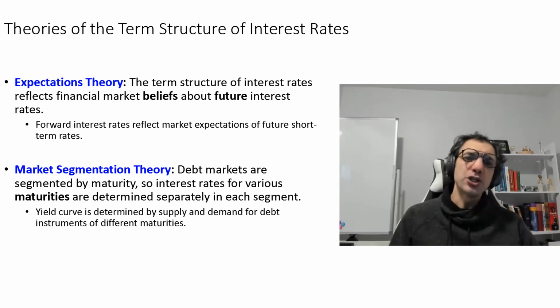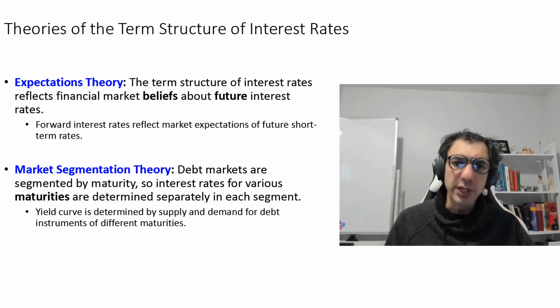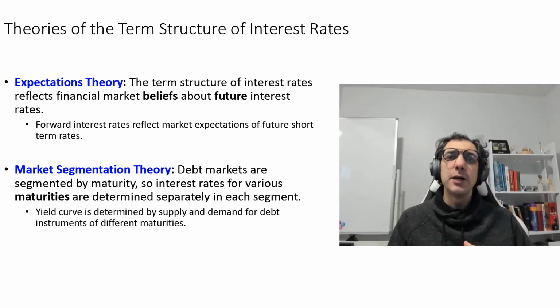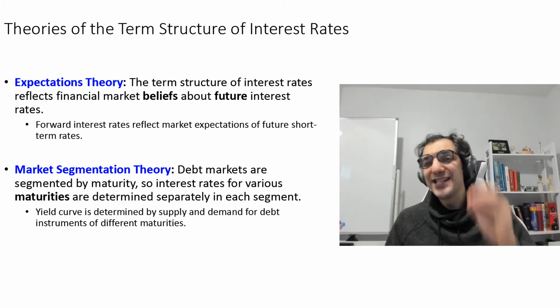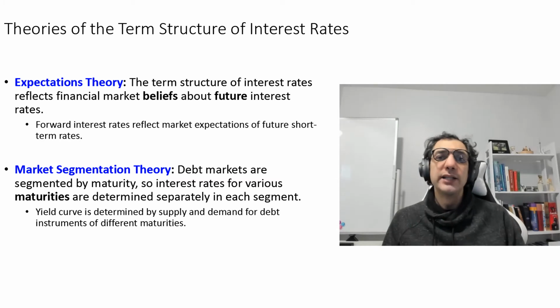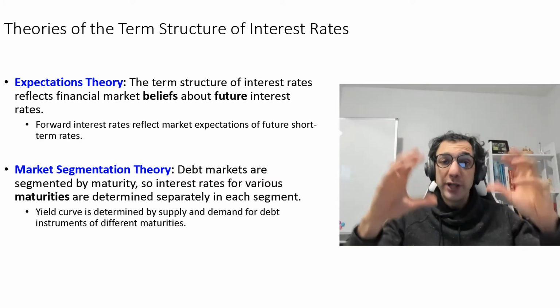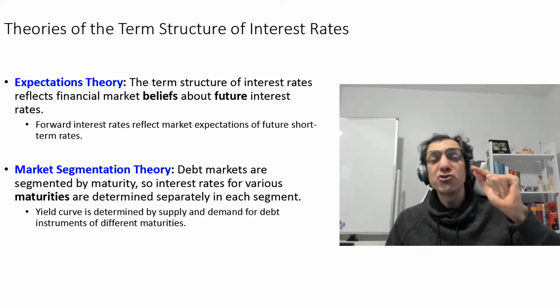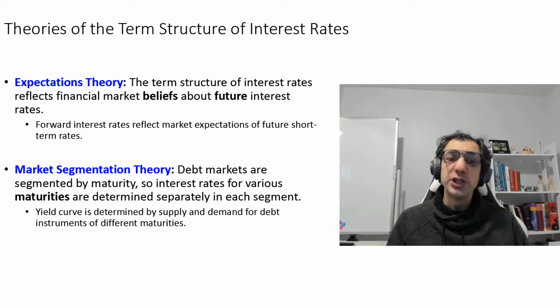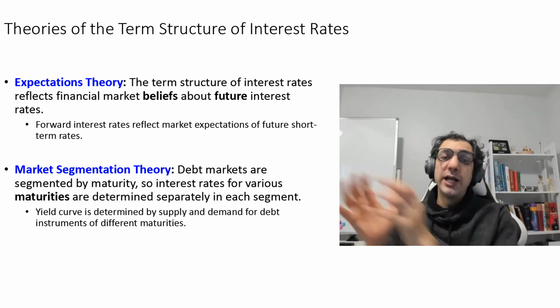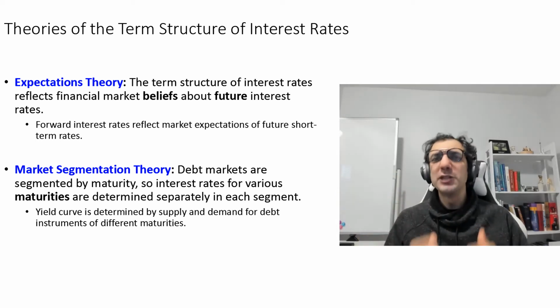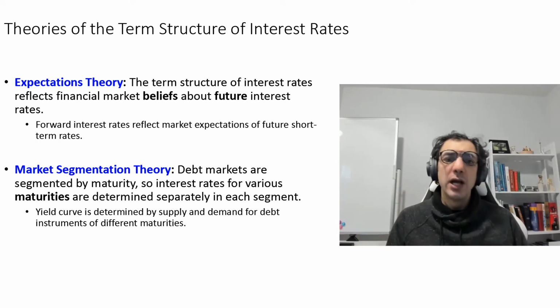The second approach is called market segmentation theory. The argument here is that the debt markets are actually segmented based on different maturity dates. So they are segmented based on the expiry or maturity dates. So interest rates for various maturities are determined separately in each segment, and for sure it is based on supply and demand.